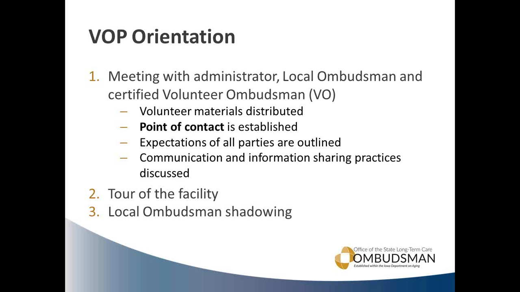They tour the facility and they shadow with the local ombudsman till the point they feel comfortable. We want the local ombudsman to demonstrate to the volunteer how you approach the resident, how you can begin the conversation, how you can start to respond to any complaints, those sorts of things. After the orientation, the volunteer is visiting solo.